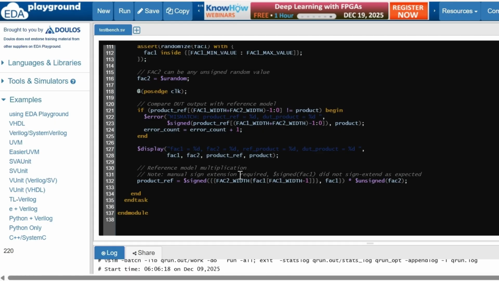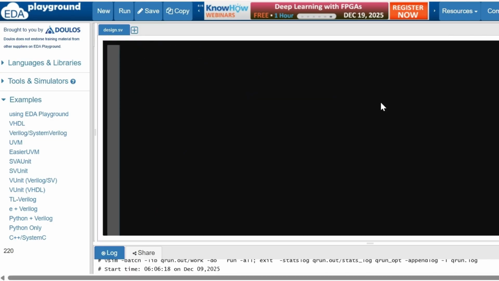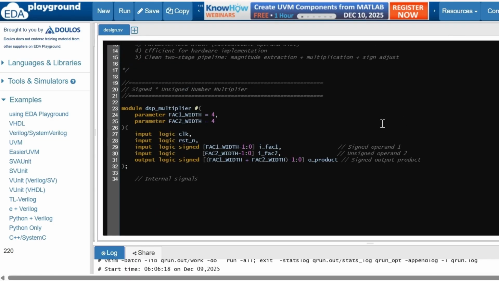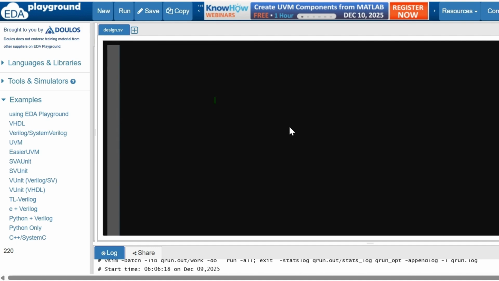Now this kind of sign extension we are not doing here in our DUT, right? The reason is that we are converting our factor 1 to an unsigned value before we do the multiplication in the DUT. That is what we are doing here, and let me show you where exactly we are doing it.